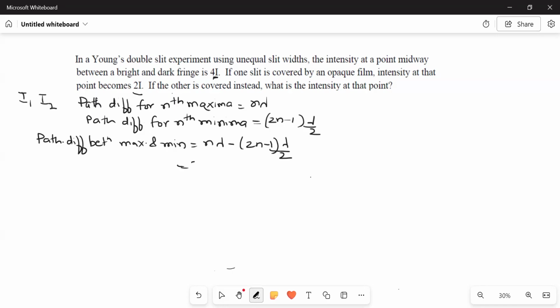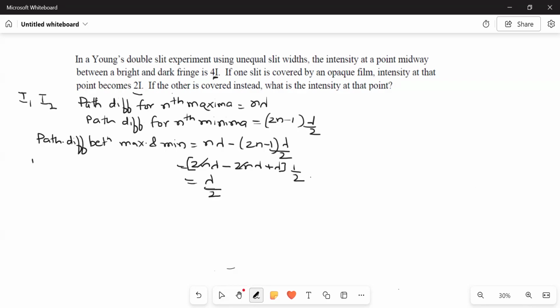When we solve it, we get 2n lambda minus 2n lambda plus lambda, whole by 2. Or this becomes lambda by 2.